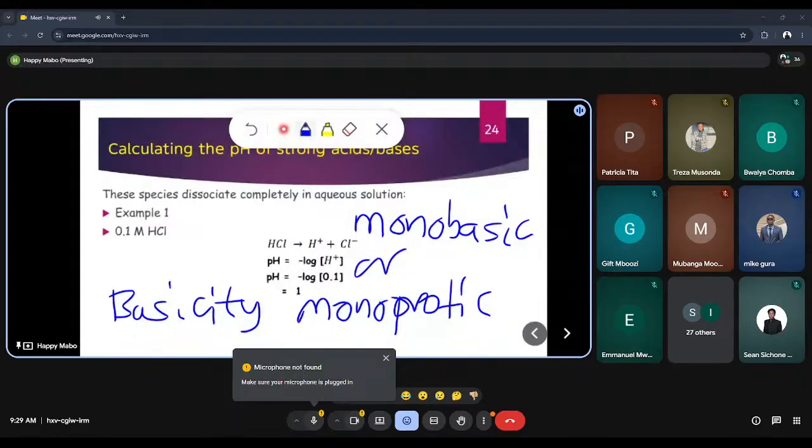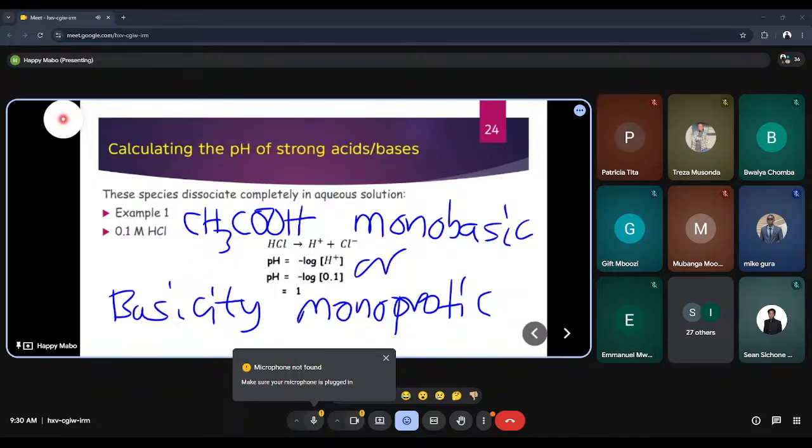But HCl is not the only example. Even this particular acid, acetic acid. Notice the formula for acetic acid. In acetic acid, only one hydrogen atom is replaceable. These three hydrogen atoms that you're seeing here are not replaceable. They will not be available in solution when this is dissolved in water.